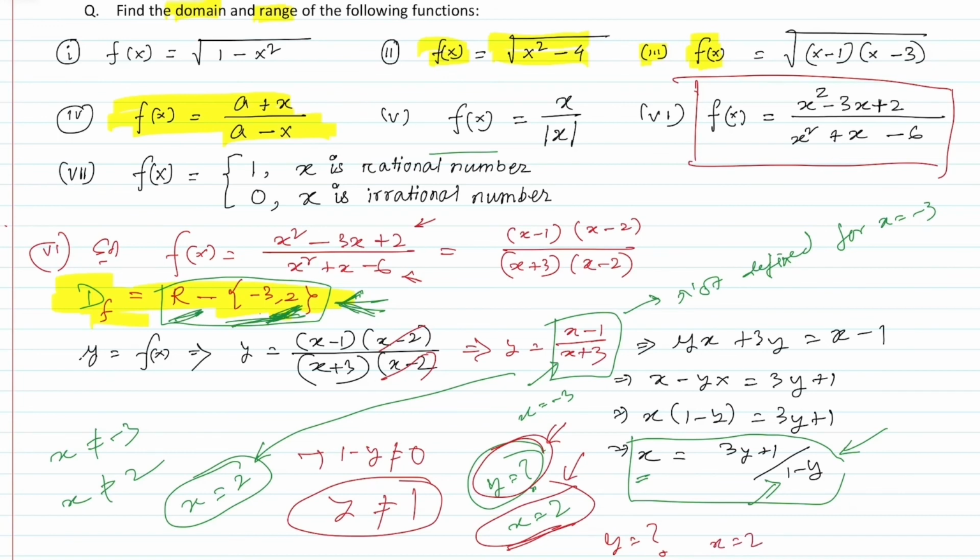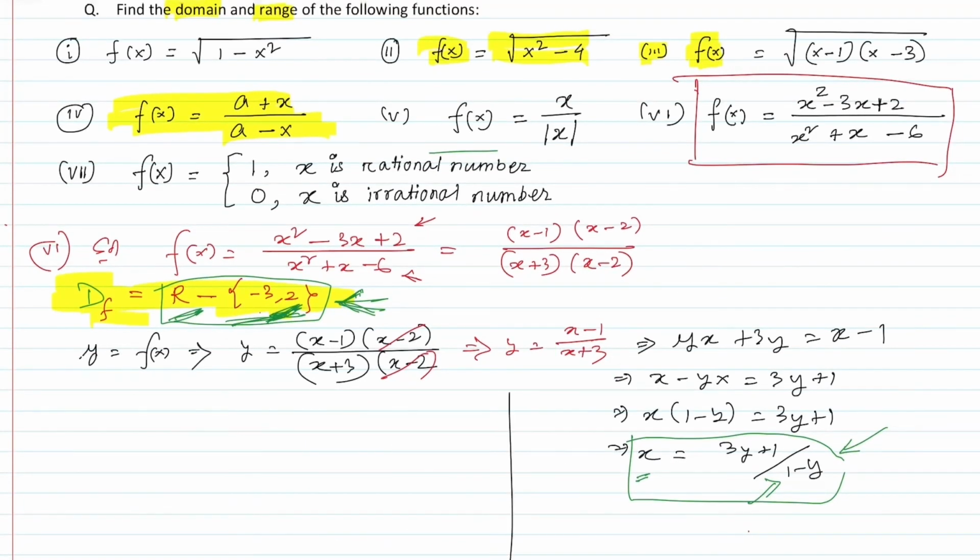In order to find it, let us put x is equal to 2 in this expression. We have already got that y is not equal to 1, as 1 minus y cannot be equal to 0.